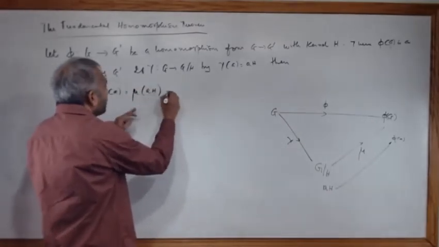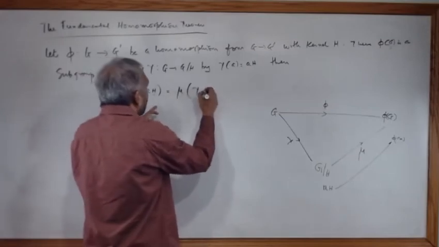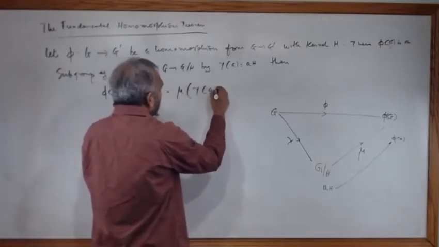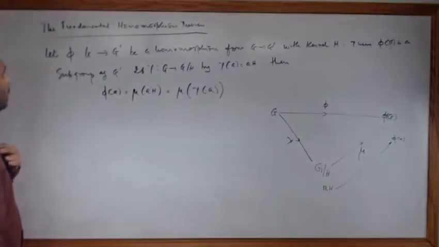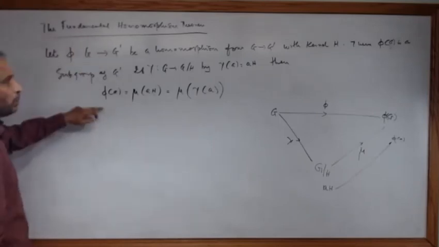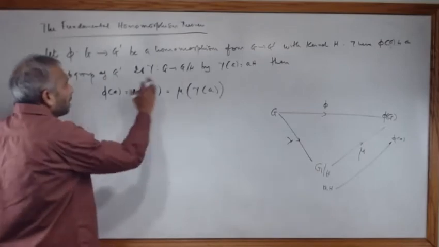And what is aH? aH is equal to gamma of a, so phi of a is equal to mu of gamma of a. So this is the fundamental homomorphism theorem. There is nothing to prove. We already know all these components. All we did is we combined all this together.